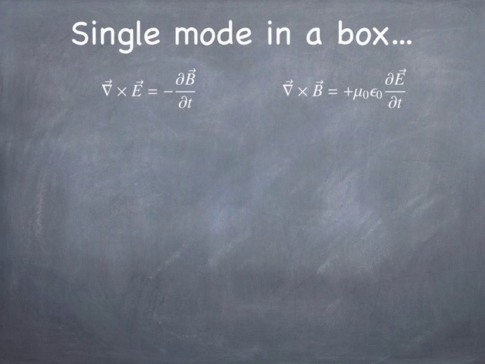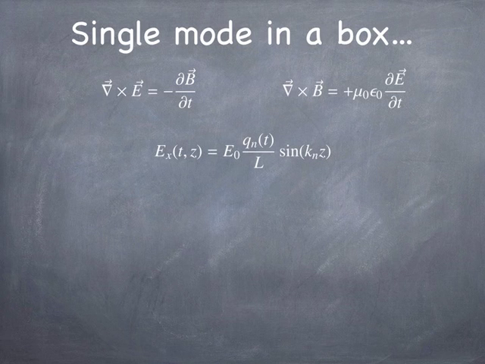Under those circumstances, if you wrap these around each other, you'll find that you get a wave equation, and the wave equation has solutions which, in the spatial part at least, go like the sine and the cosine of kz, where k is a number that is set up to satisfy the boundary conditions. In this case the boundary conditions are that the electric field goes to zero at the ends of the cavity. So we can assume the cavity has conducting walls or something.